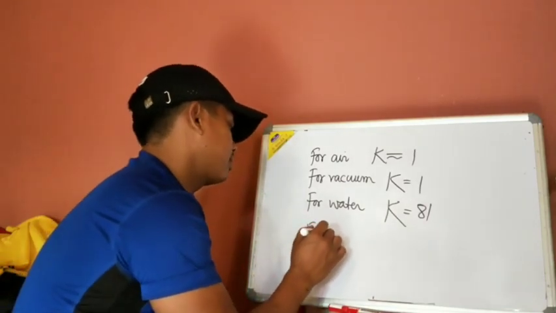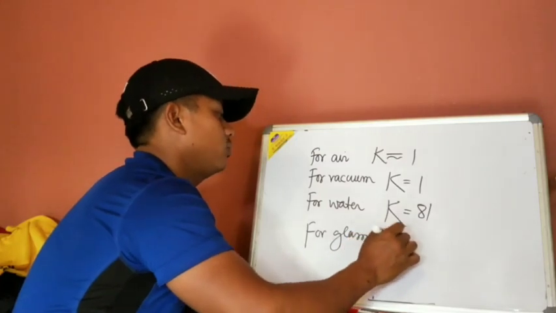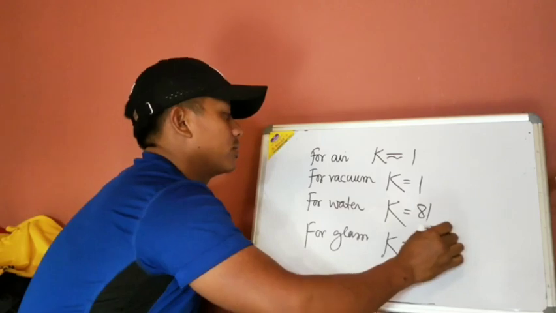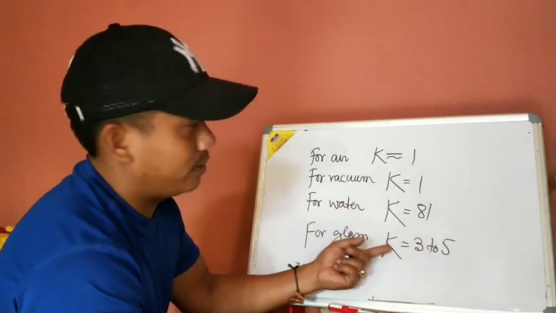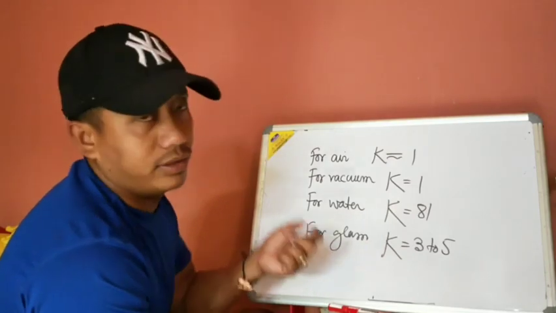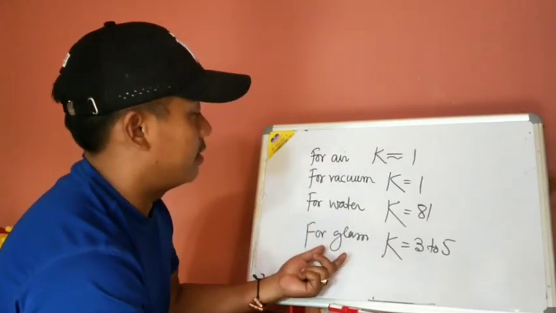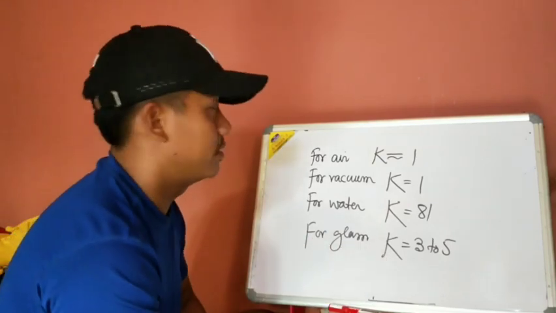And for glass, the K value varies from about 3 to 5 or 6, depending on the nature of the glass, so there will be different values of dielectric constant of the medium.